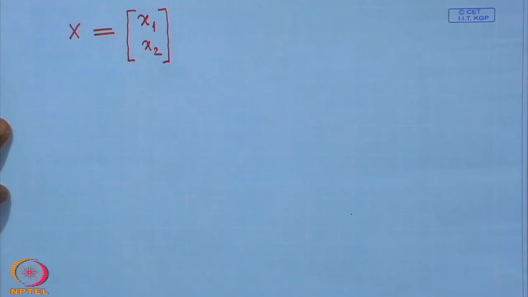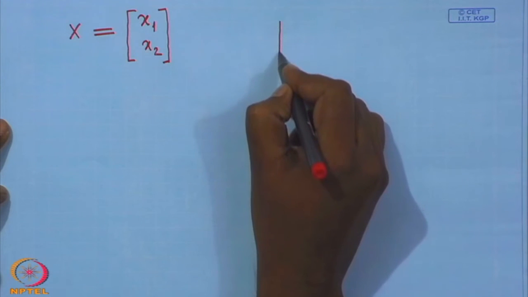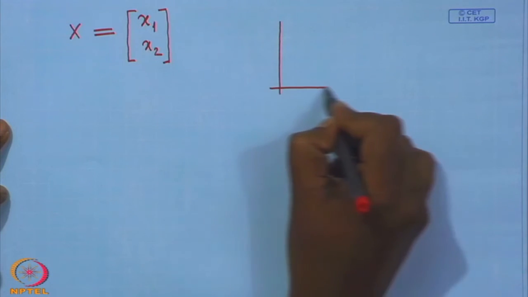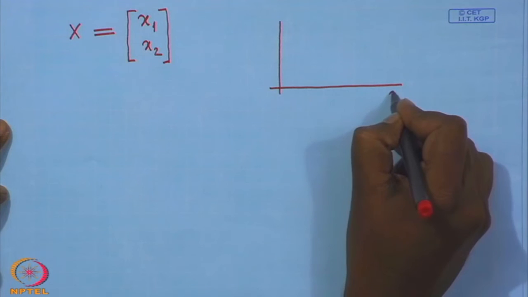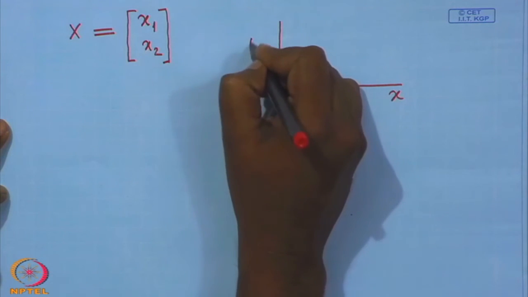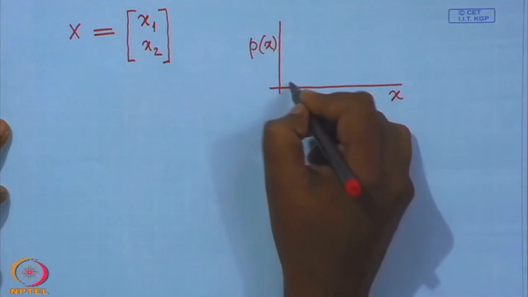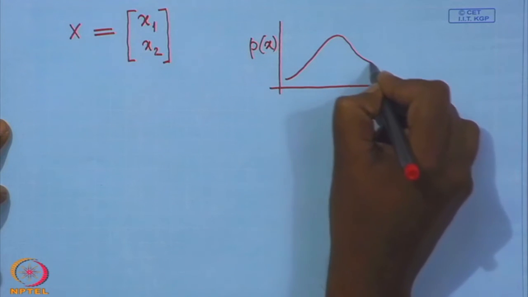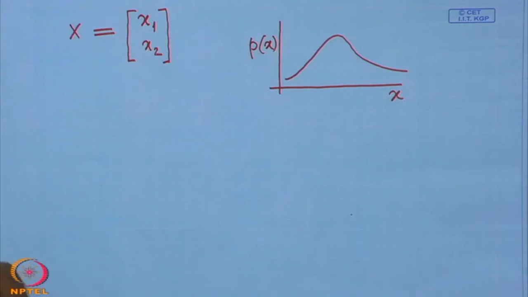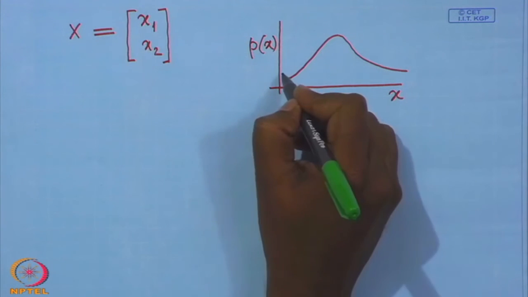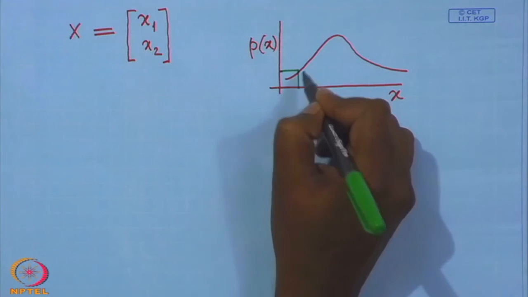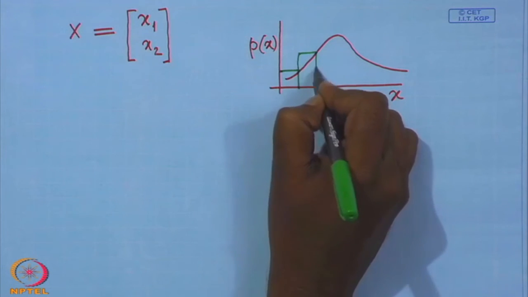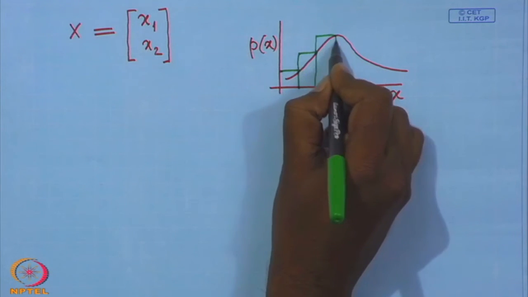Now, find that unlike in the case of one dimension, where this probability density function was a curve. So, this was my x, this was my p x. If I go for continuous probability density, I get a curve something like this, and if I go for this approximation, I have a piecewise constant approximation of this probability density estimate, which is something like this.